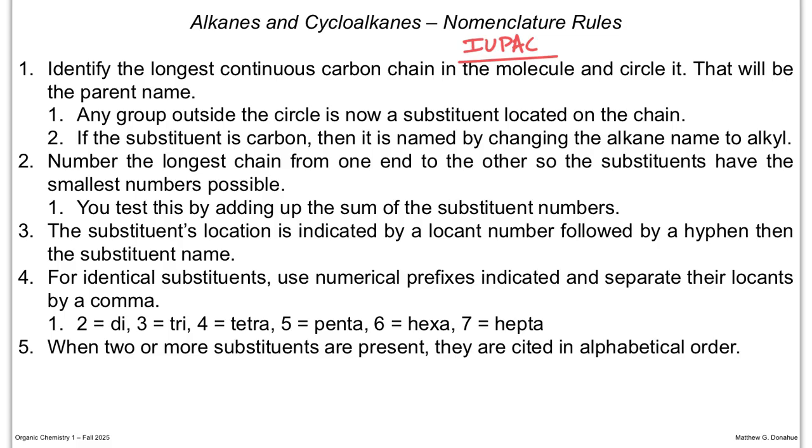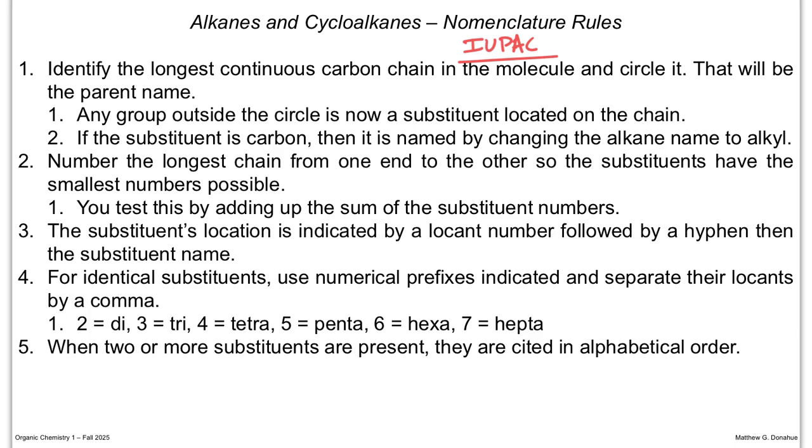Just to not reread everything on this slide, but to give you an idea, you have a molecule with a carbon chain. You count the pathway of the longest carbon. So whenever there's branching, you can get these different pathways. So you have to take the longest pathway. That's going to give you a carbon count that corresponds to the parent name. Anything bonded to that is a substituent, and you have to put a number in front of the name of the substituent.